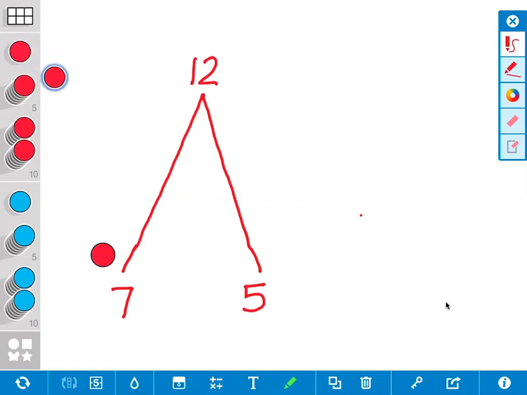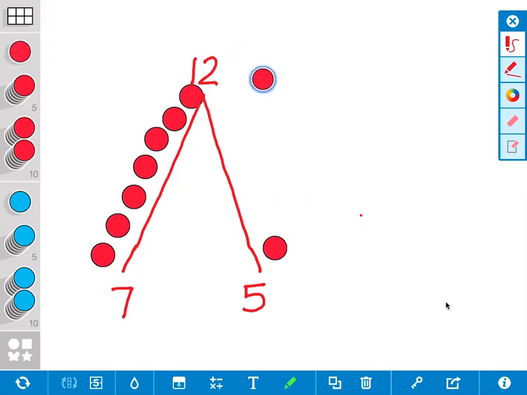1, 2, 3, 4, 5, 6, 7, over the mountain 8, over the mountain 9, over the mountain 10, over the mountain 11, and over the mountain 12.